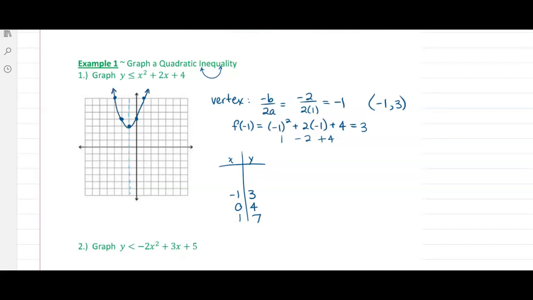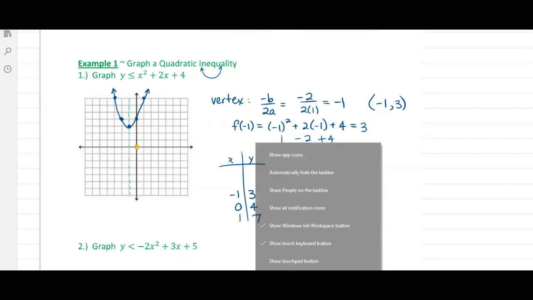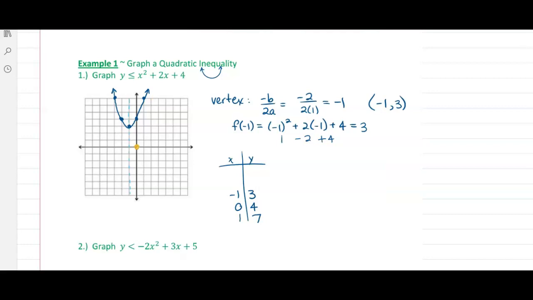Now I need to decide where to shade. Well, I love using 0, 0 unless that's on the quadratic because it's an easy point to plug in. Now, one thing I also want to point out, much like with our linear inequalities, if this were strictly less than, this would have been a dashed parabola. But since it's less than or equal to, it's a solid parabola.